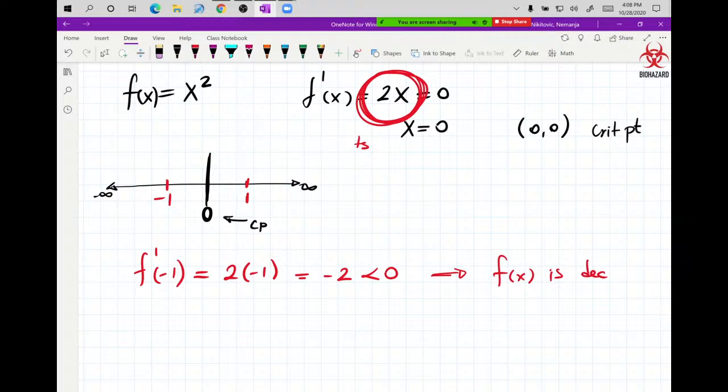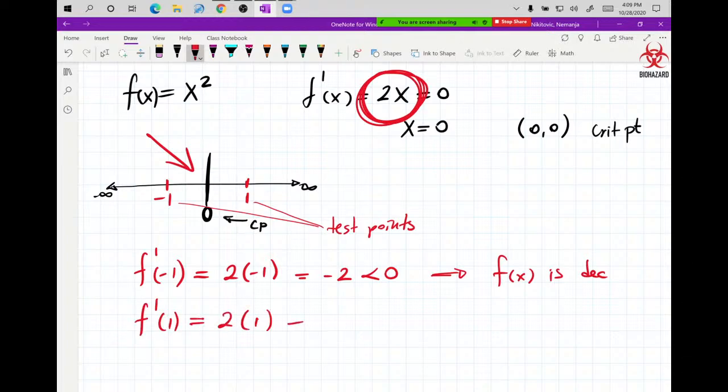Actually, I have to move these test points. That's a bad spot because I need to draw a decrease arrow up there. So I can put here. There we go. Now we test the other test point.